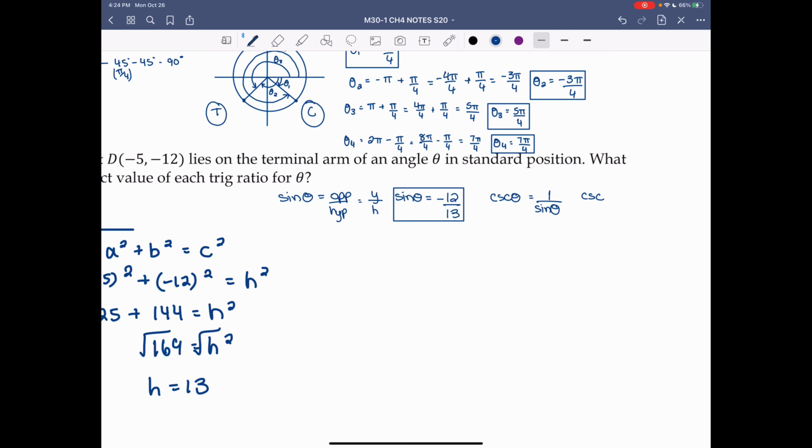Then cosecant theta would equal negative 13 over 12. Cos theta equals adjacent over hypotenuse, which is the x value over the hypotenuse. In this case, that means that cos theta is negative 5 over 13.